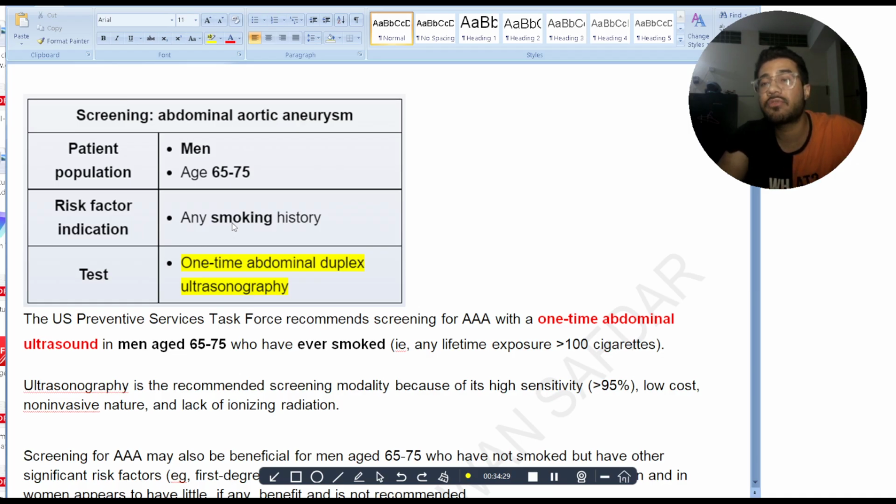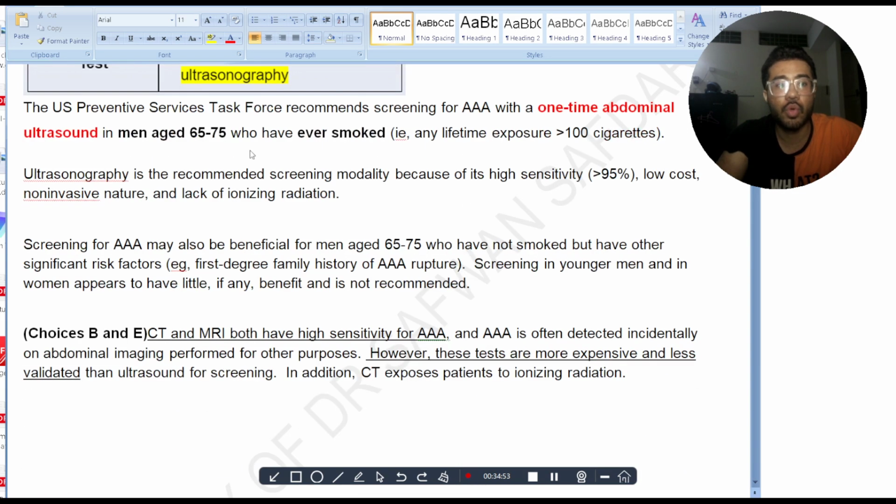And the modality of screening is not going to be CT or MRI or anything like that. It's just going to be a simple plain or duplex ultrasound of the abdominal aorta that will be able to detect the aneurysm. So, just to summarize, any man who is at the age of 65 and has ever smoked needs abdominal aortic screening one time. So, one time abdominal ultrasound in men aged 65 to 75 who have ever smoked.